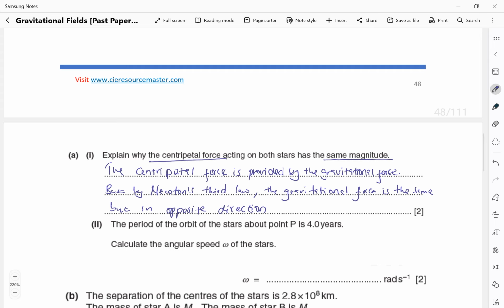Hence, the centripetal force is the same.